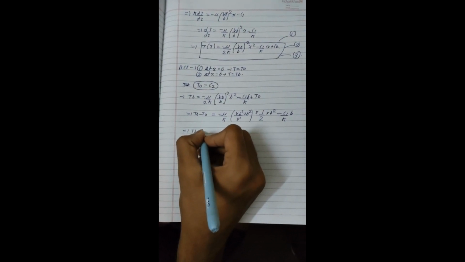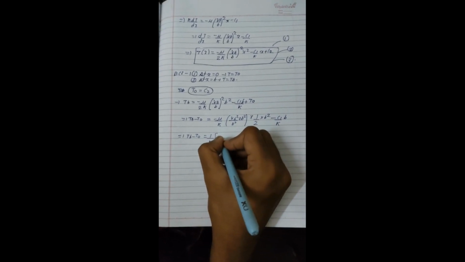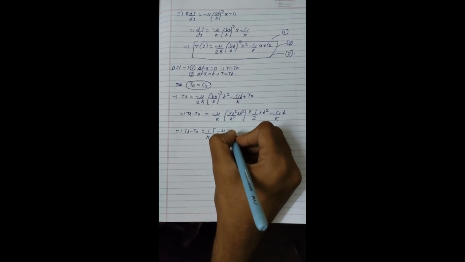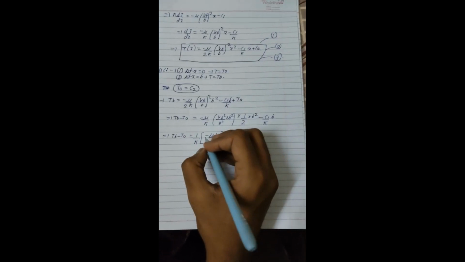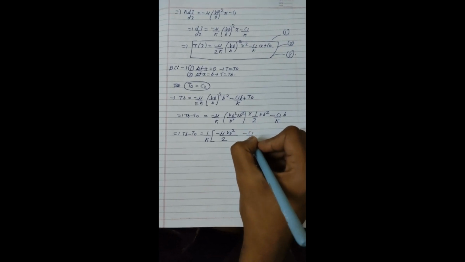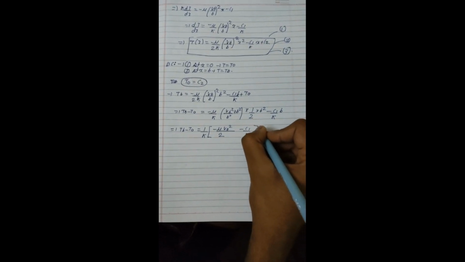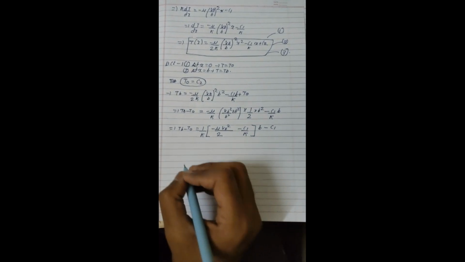Now that is TB minus T naught. We take 1 by k as common. We will get the equation as minus mu Vb square upon 2, minus C1, and we are taking B common.